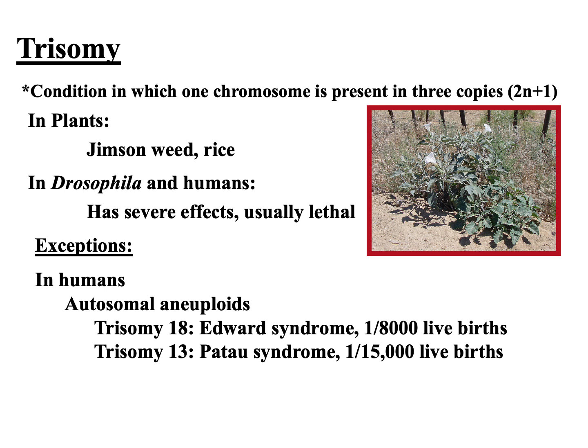Now, if we transition to humans, there are some examples of trisomy in humans that are tolerated, meaning that individuals do in fact survive. Thinking back again to our discussion of sex determination, we had examples with the sex chromosomes of trisomic situations that again were tolerated, meaning individuals survived.